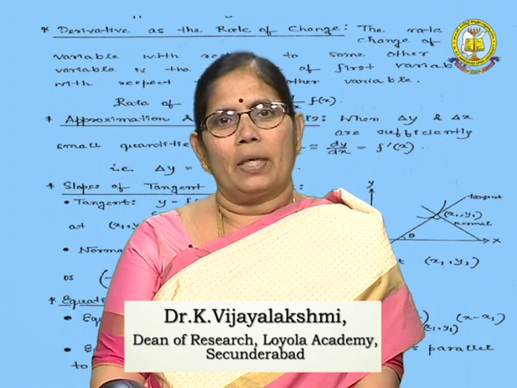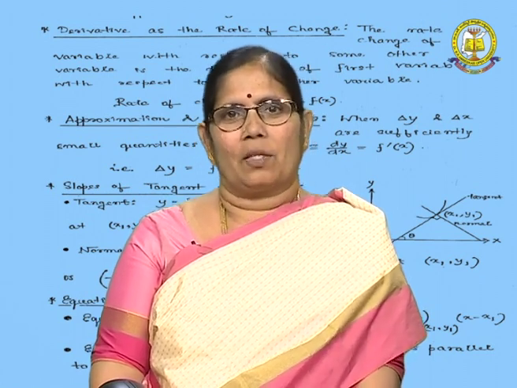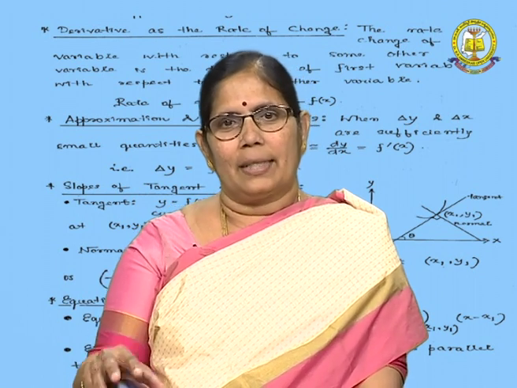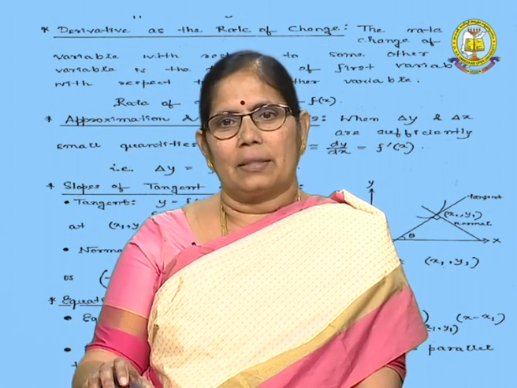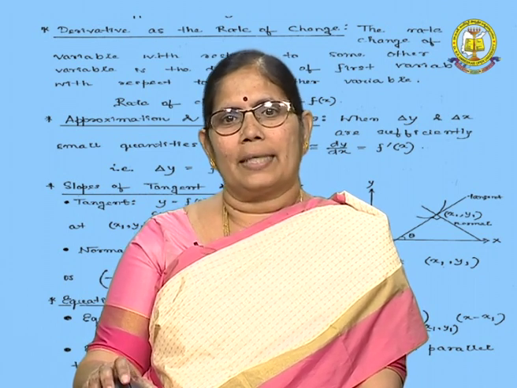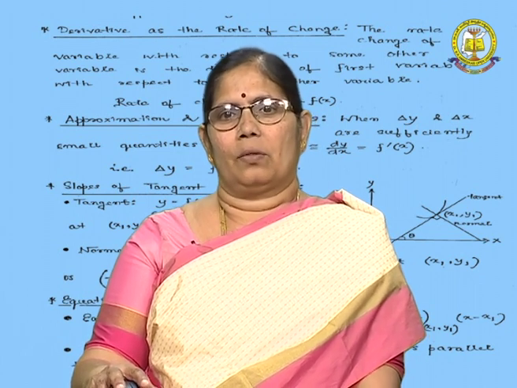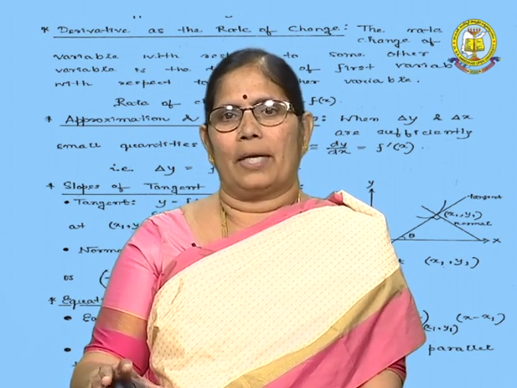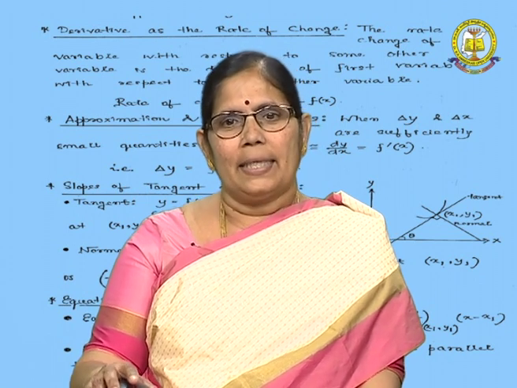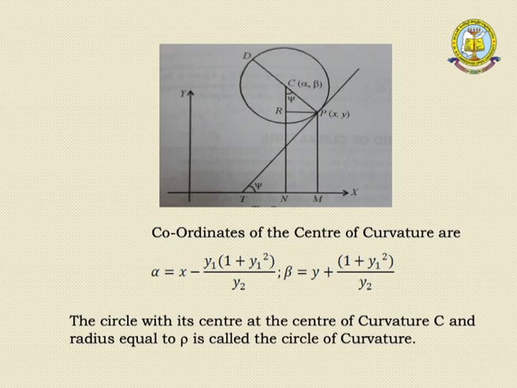One more important concept of differential calculus is the radius of curvature. What is the radius of curvature? Radius of curvature means the bending of a curve. The formula for radius of curvature is (1 + (dy/dx)²)^(3/2) divided by d²y/dx². Look at this diagram.